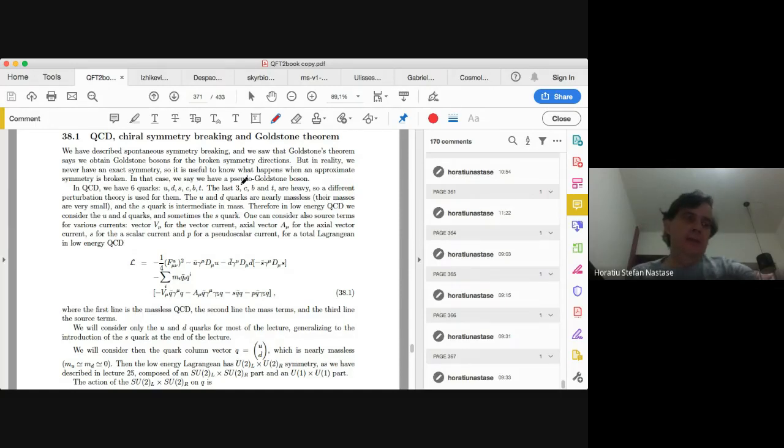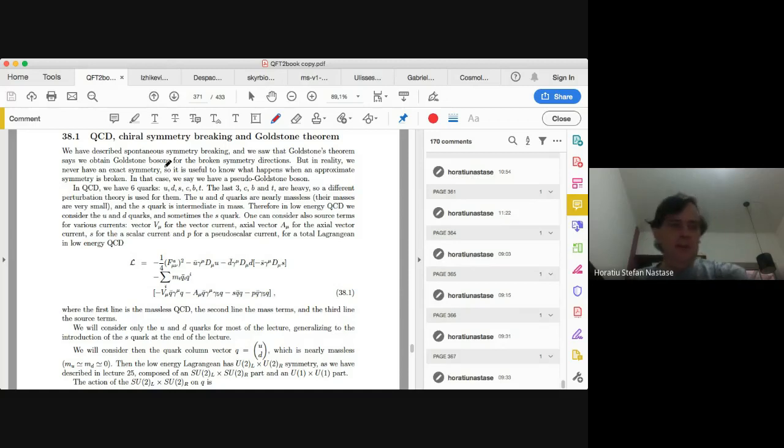But in a physical context, it's never or very unlikely to have an exact symmetry. So it's useful to know what happens when we have an approximate symmetry that's broken. And in that case, we say we have a pseudo-Goldstone boson.